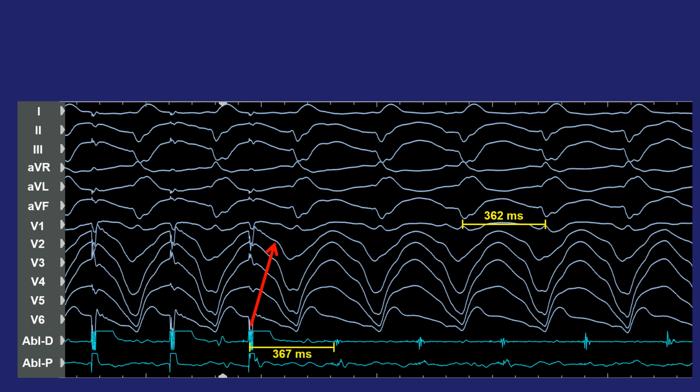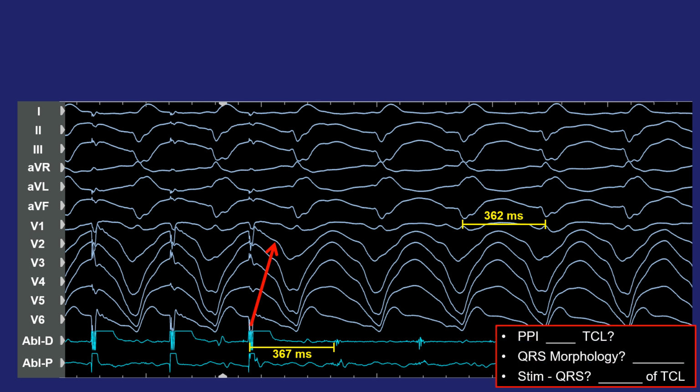We can see the far field signal is not captured, and we can use that as another clue. You might initially say, maybe I measured at this thing. Well, that might be this here. It's actually not captured, but in addition, you can use that trick of the EGM to QRS timing, which is identical to the stim to QRS timing here.